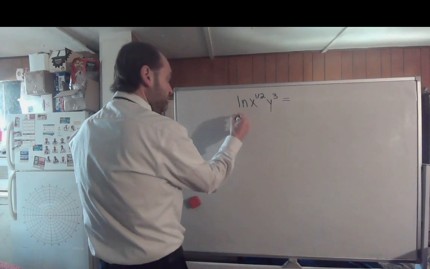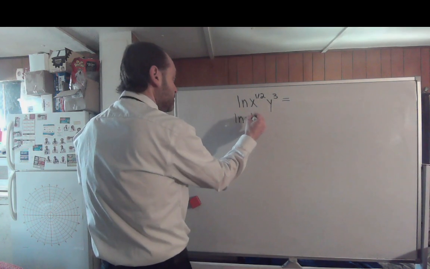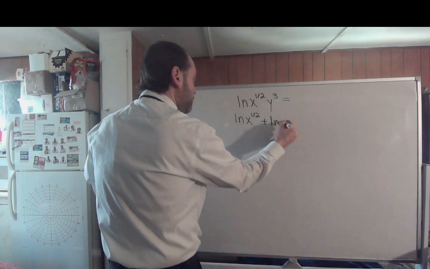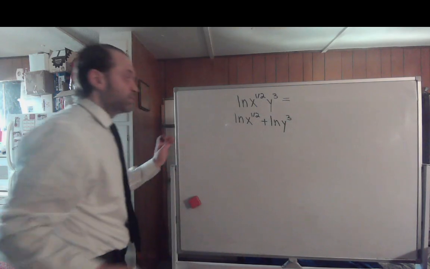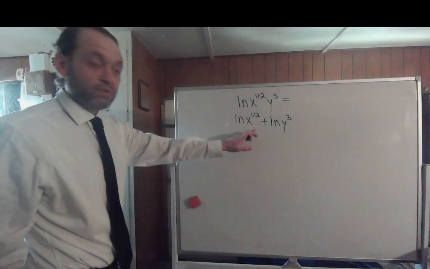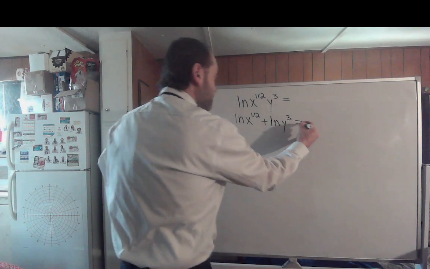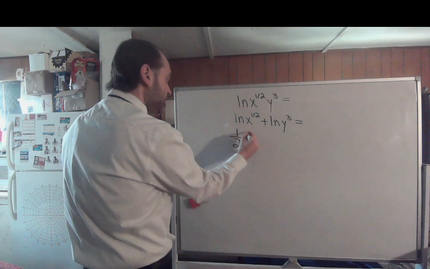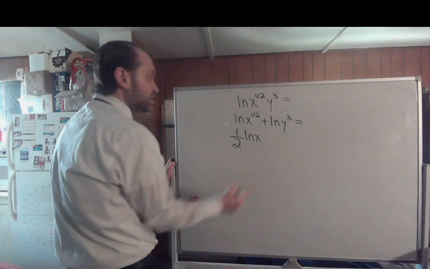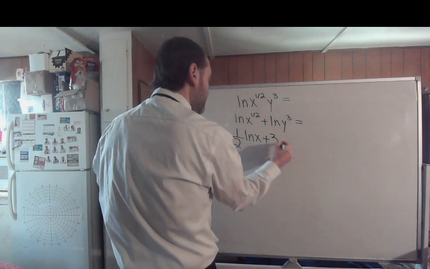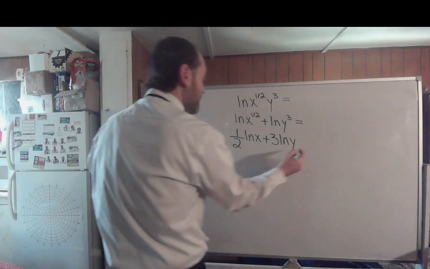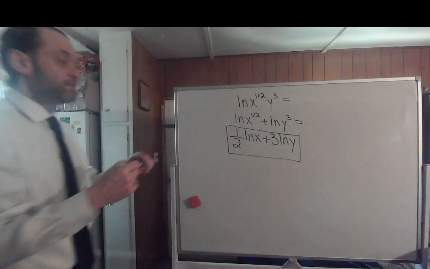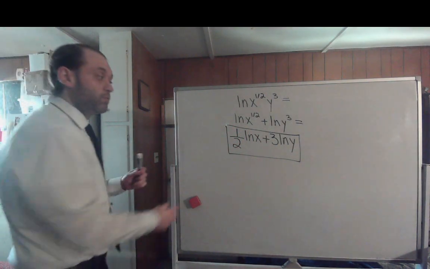So this can be written as ln of x to the 1/2 plus the ln of y to the third. Now that we've separated the products, we can deal with the power property. So for each one, bring the power down front. This would turn into half of the ln of x plus 3 times the ln of y. And that's really the best we could get. Half of the ln of x plus 3 times the ln of y.